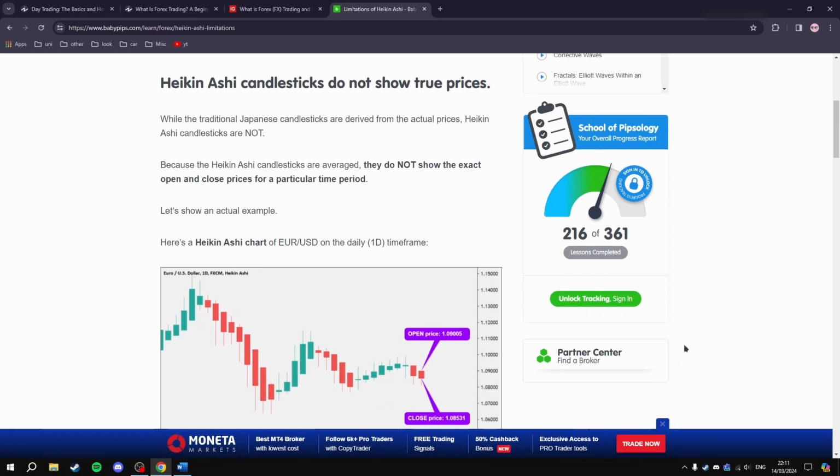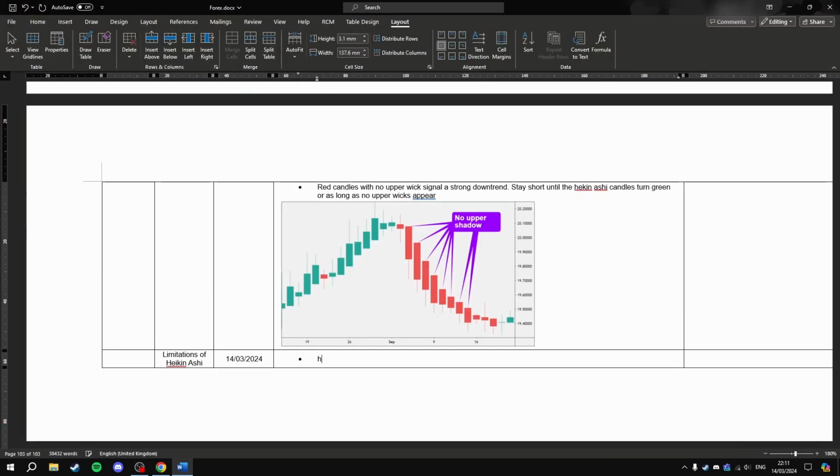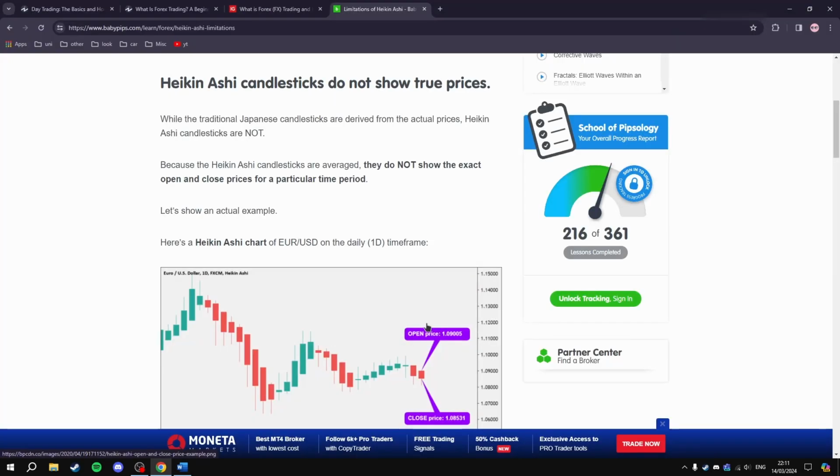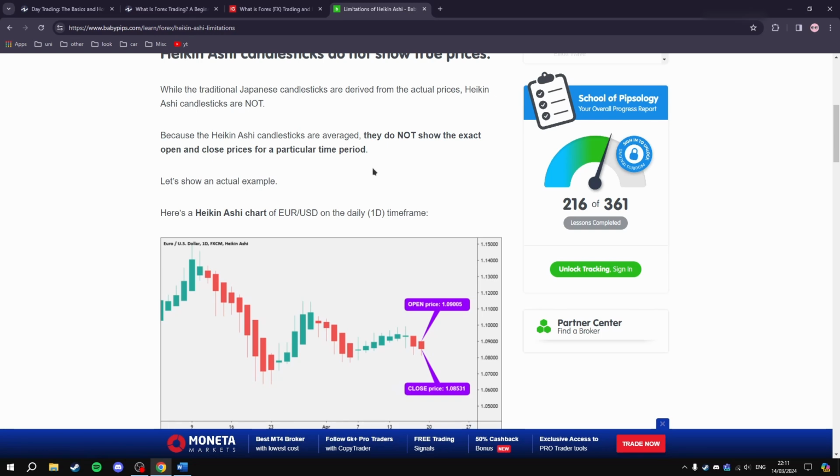Heikin ashi candlesticks do not show true prices. Whilst the traditional Japanese candlesticks are derived from actual prices, Heikin ashi candlesticks are not.